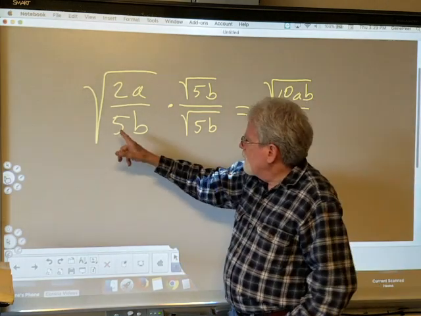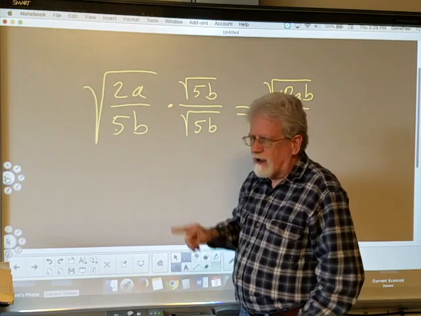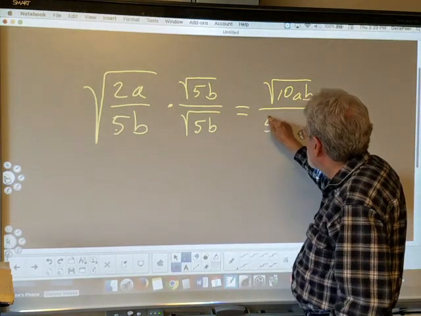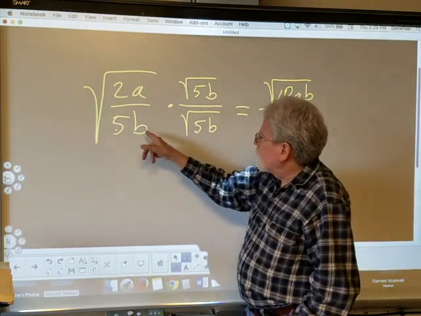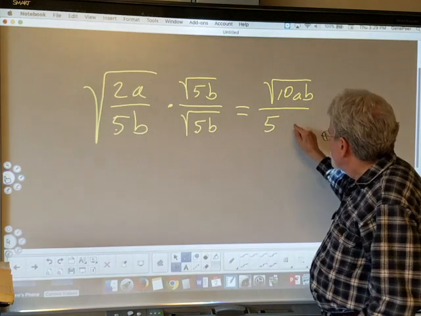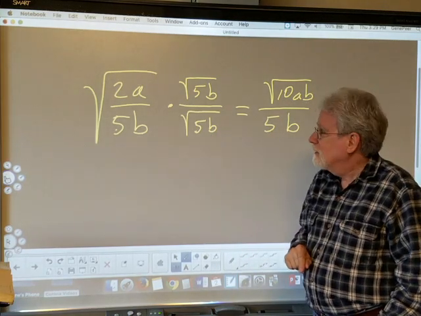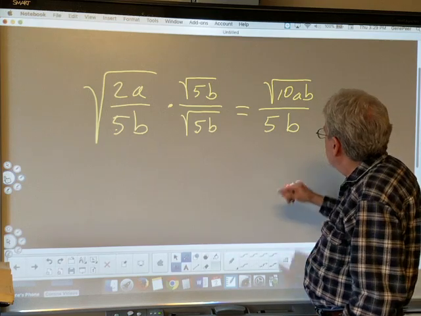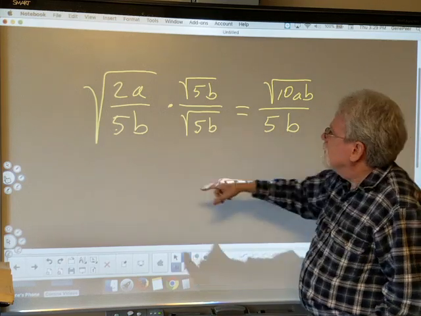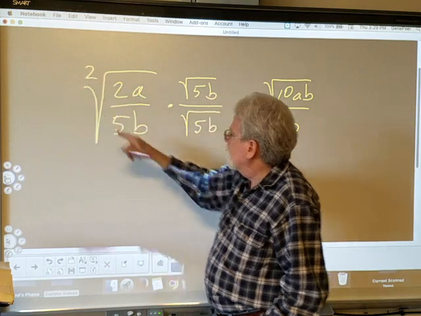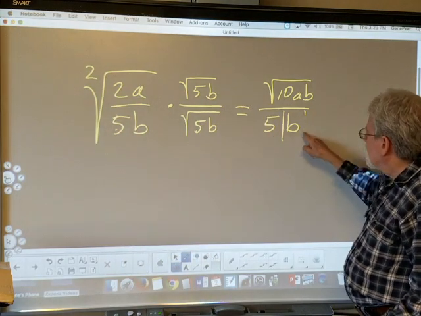Denominator, well, what is the square root of 5 times the square root of 5? That's why we did this. What is the square root of b times the square root of b? Oh, we have to take the absolute value, don't we? Yes, even index, we have to take the absolute value.